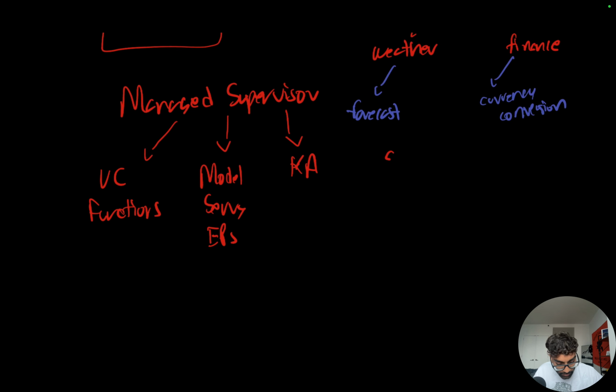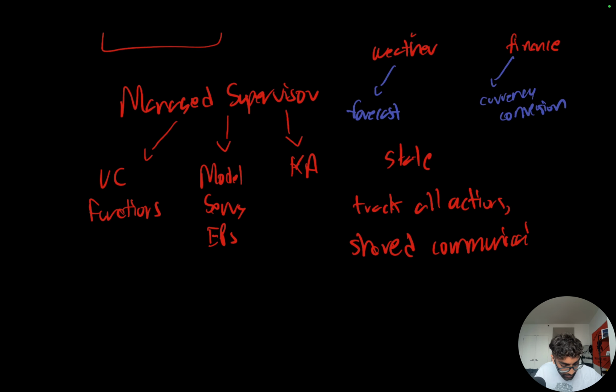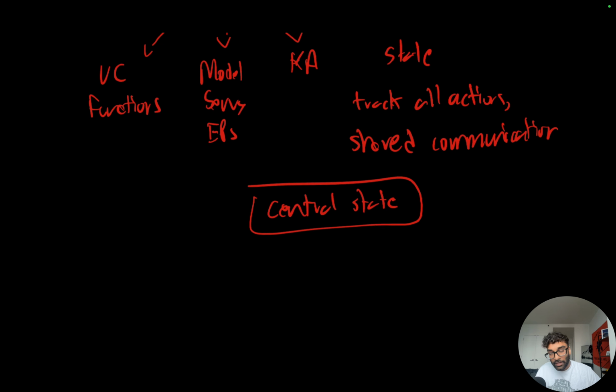So for state, we need to be able to track all actions because this is a shared communication system. And in a shared communication system, we need a central state. That's another object that LangGraph provides, where with this central state, all of our nodes are constantly updating that execution flow, reading and writing from the shared state. So in our setup today, for any single turn, as soon as an input comes in, that state object needs to be updated for our multi-agent system to execute as expected.